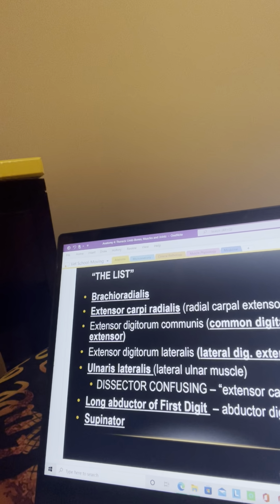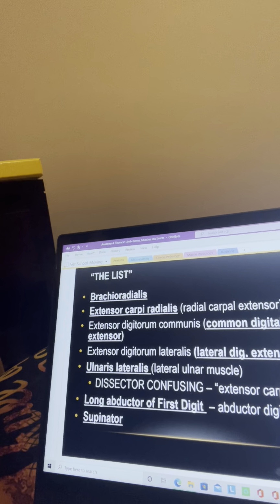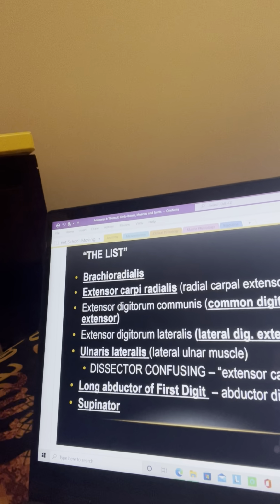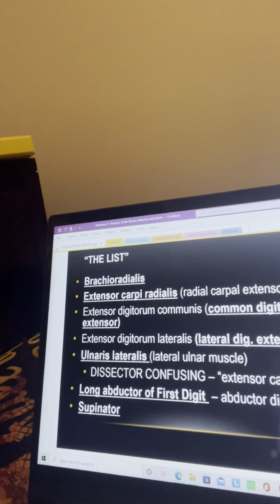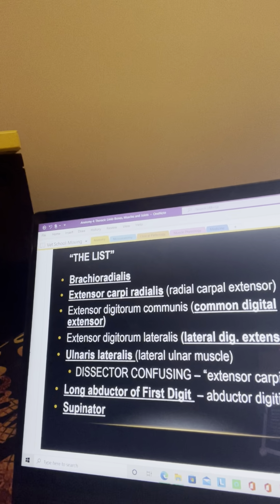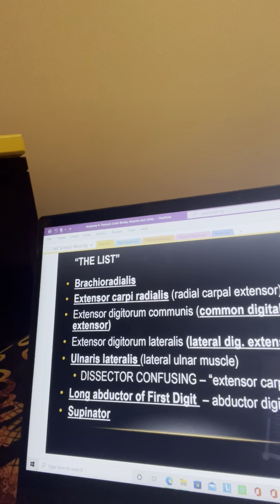And then we have the extensor digitorum communis. That's in Latin. This is our common digital extensor in English. We have our ulnaris lateralis, which is also known as our lateral ulnar muscle. Then we have our long abductor of the first digit, and then our supinator, which we'll be going over in lab tomorrow, I believe.